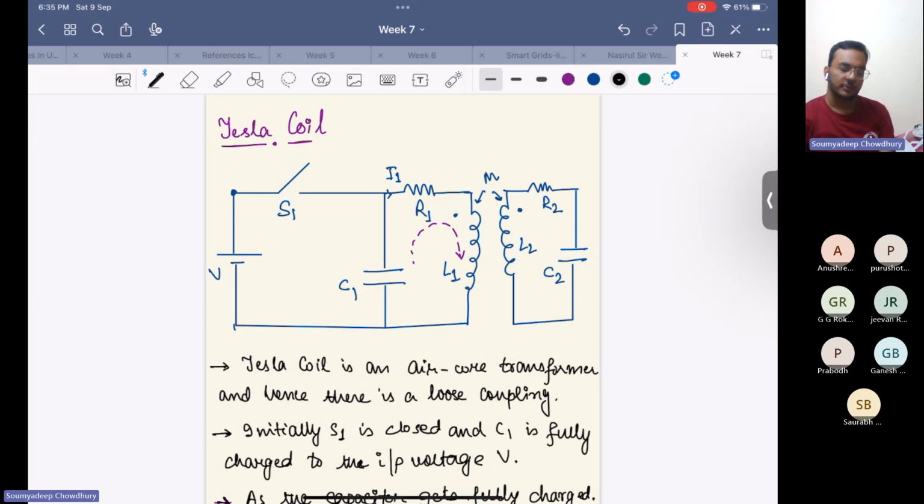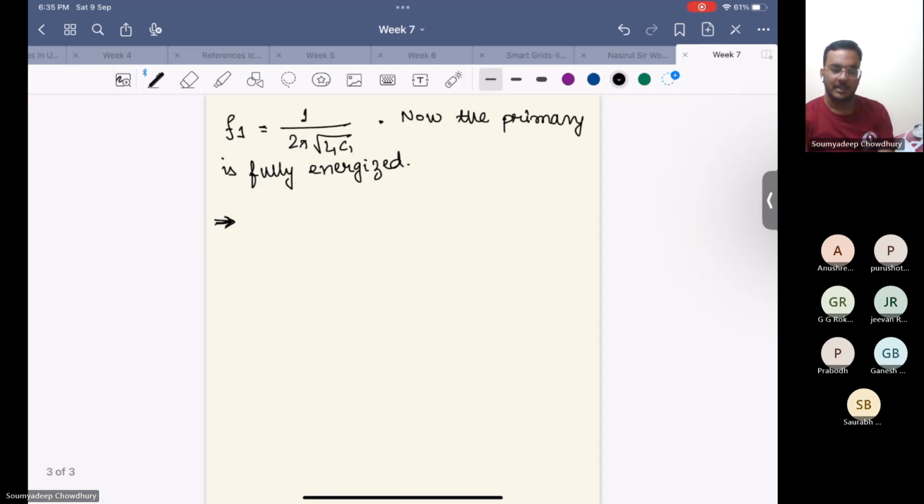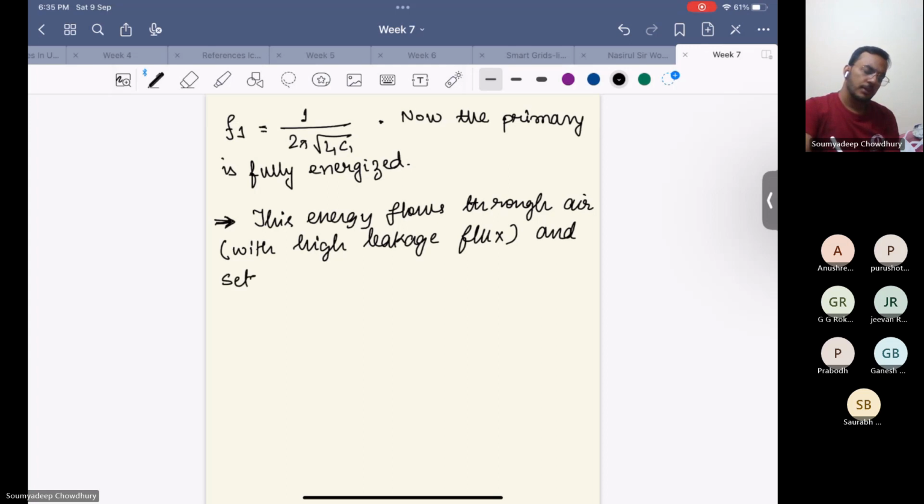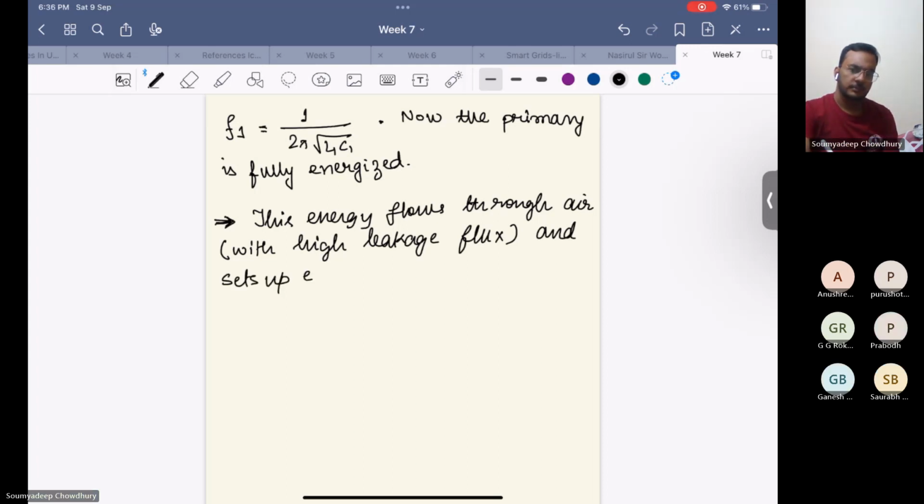So this energy flows through the air, which has very high leakage flux, and sets up energy in the secondary winding.